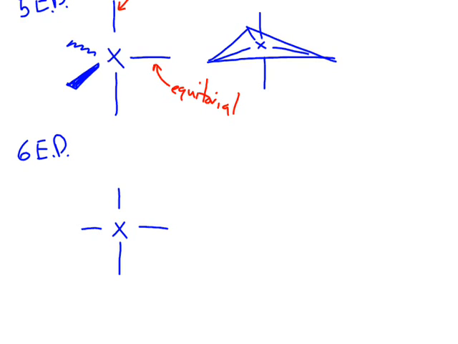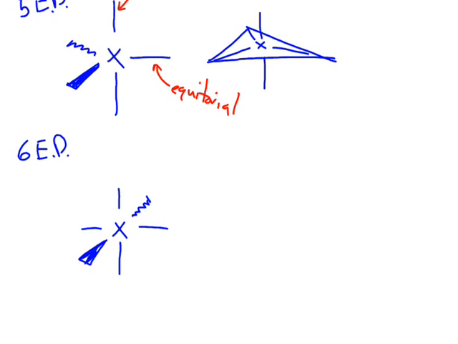We're going to put one position directly back into the page behind the central atom, and one position straight out of the page. If you imagine a skewer that went straight into the page, perpendicular to the page, you would have one position directly behind the central atom and one directly in front of it.